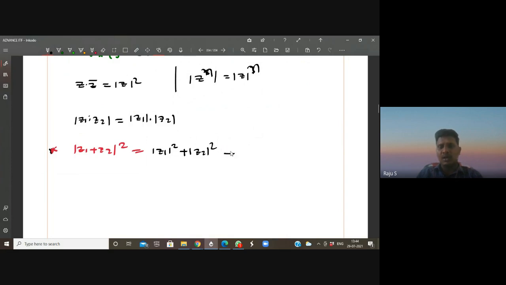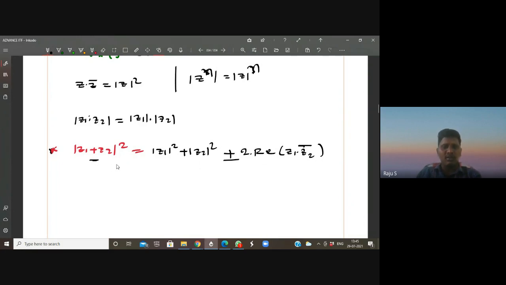But coming to 2ab, it can be written as 2 times the real part of z1 z2 conjugate. In the same way, if we take minus here, we get minus; plus, it will be plus.